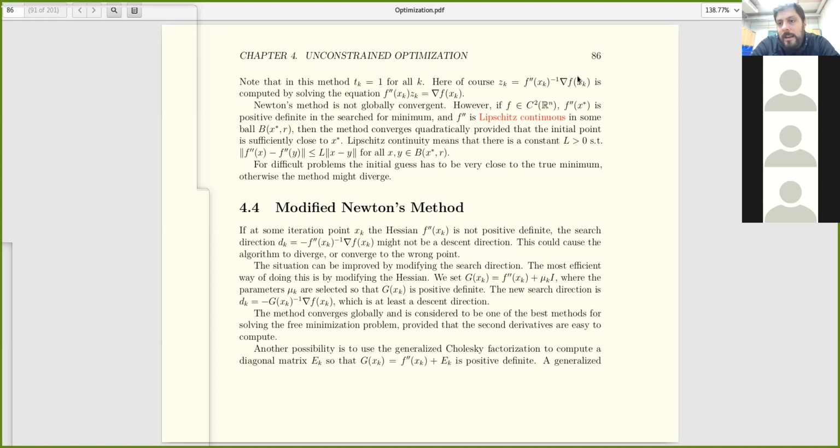So if you multiply the gradient with the inverse, there is a chance that that will actually lead in an increasing direction, not a decreasing direction. So you end up worse off. The algorithm may diverge, or it may converge to a point that is a maximum or a saddle point. This is also possible.